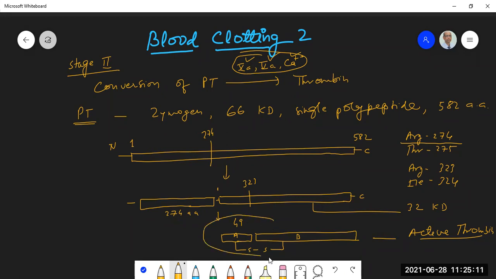So this is 32 kilodalton active protein called thrombin, generated from 66 kilodalton inactive precursor called prothrombin. And who catalyzes, who mediates this conversion? It is mediated by these three, 10A, 5A and calcium ions, right?